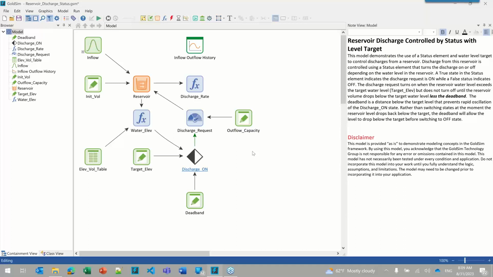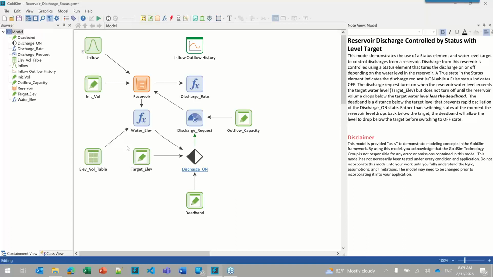As we're walking through time, it will look at the current state of the reservoir, and it does that by monitoring its water level. So in this kind of model, we need some sort of relationship between elevation and volume. That can easily be done with a lookup table, which I have here. And from that lookup table, we use the volume to calculate a water level. And so we're monitoring this water level over time.